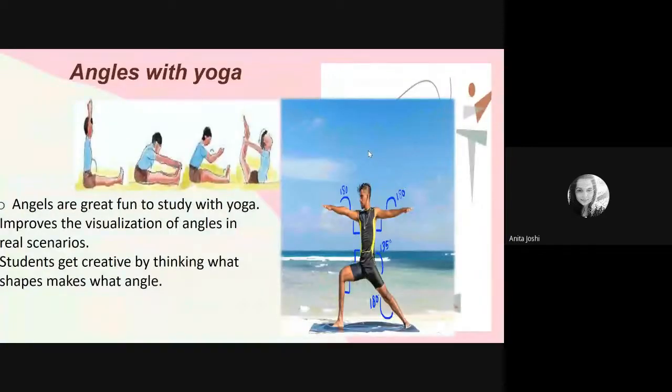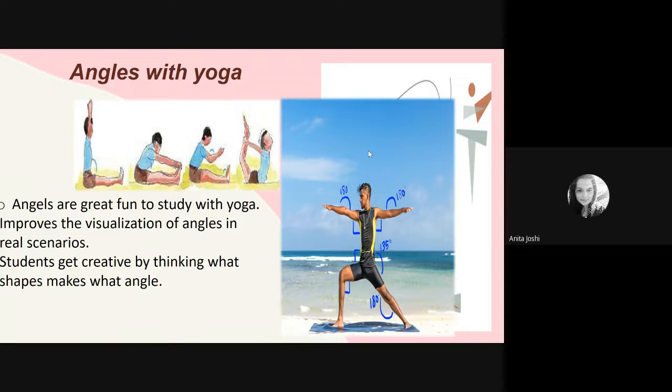And another one is angle. When we say angle, it is hard for students to understand at first how an angle is made. They get quite confused about the angle. In yoga we have many angles created with our body.